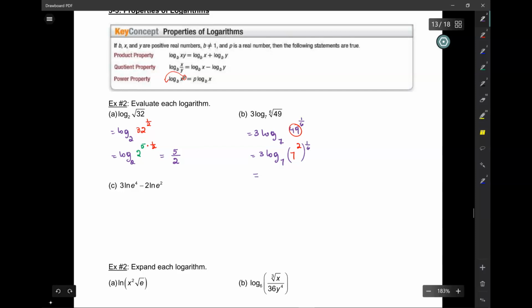And now, don't forget the 3 here. I have 3 times 2 times 1/6. And all together, that's 6 over 6, which is 1. And who would have thought all that mess is just a 1?